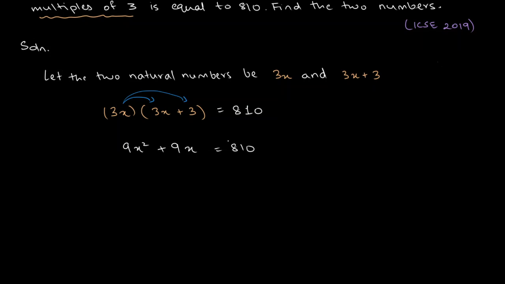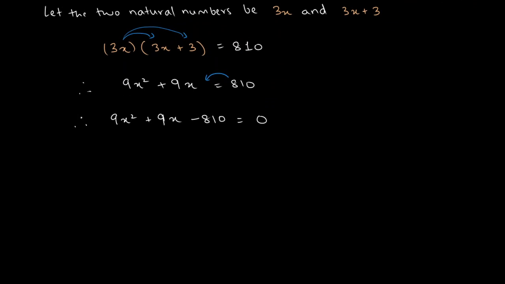We'll shift the 810 to the left hand side of the equation. So I have 9x squared plus 9x minus 810 is equal to 0. So here, as you can see, I've got my quadratic equation in the standard form. However, if you see the coefficients more carefully, we have 9x squared plus 9x minus 810.